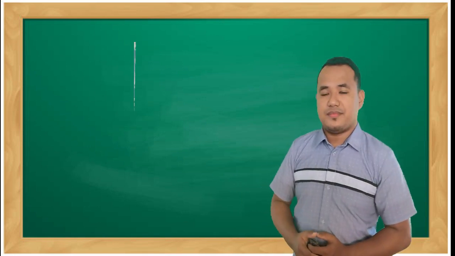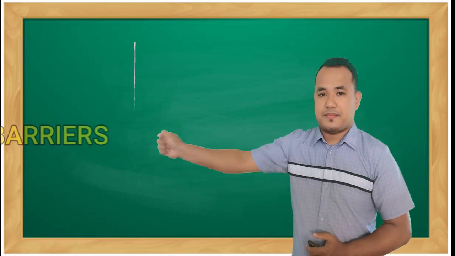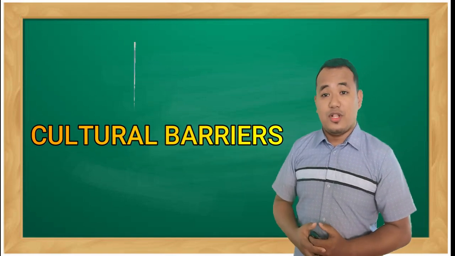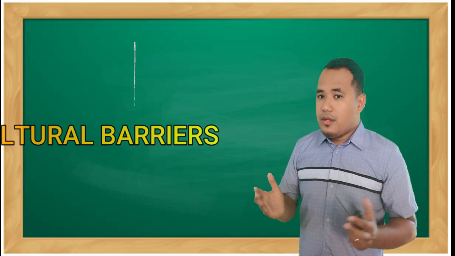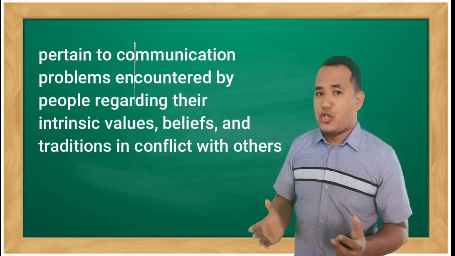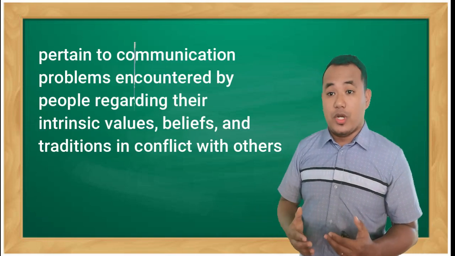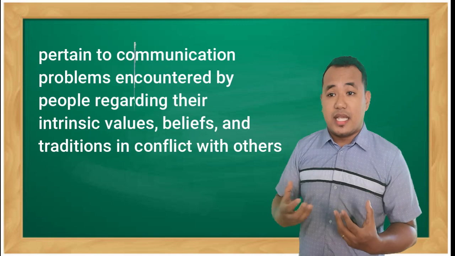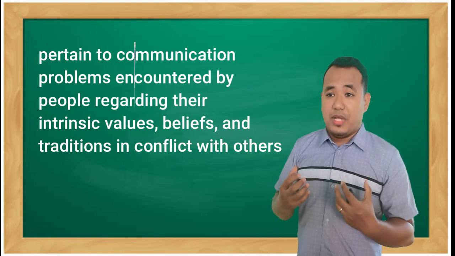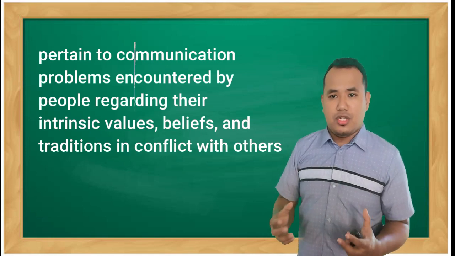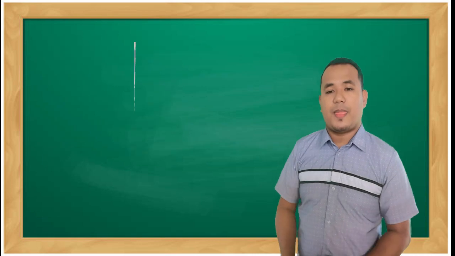Let's have the third one. We have the cultural barriers. This pertains to a communication problem encountered by people regarding their intrinsic values, beliefs, and traditions in conflict with others.